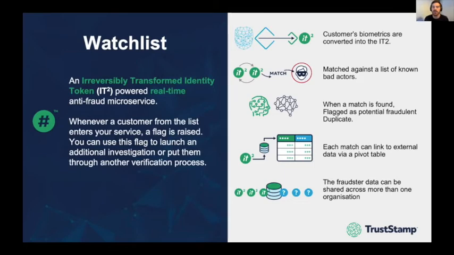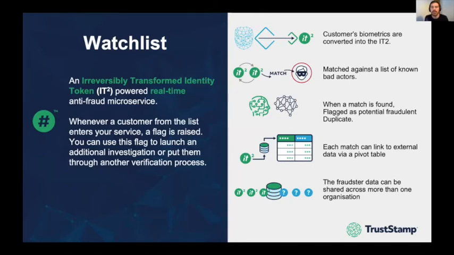You could have multiple watch lists made up of known fraudsters, or watch lists of enrolled customers. Where there's a match, this would be a signal for identity fraud, which could highlight velocity attacks over a very short period of time.